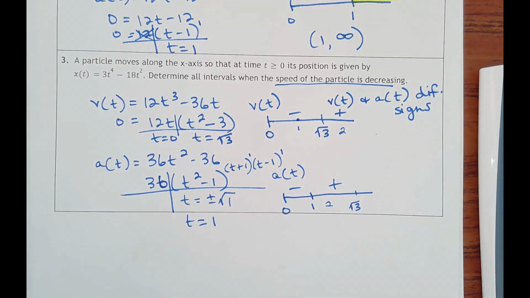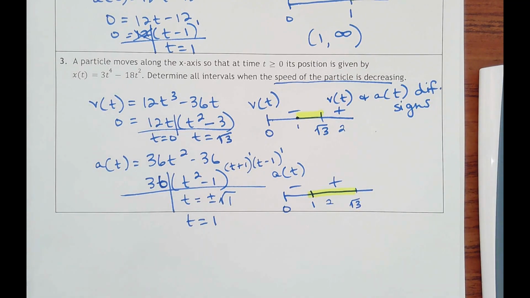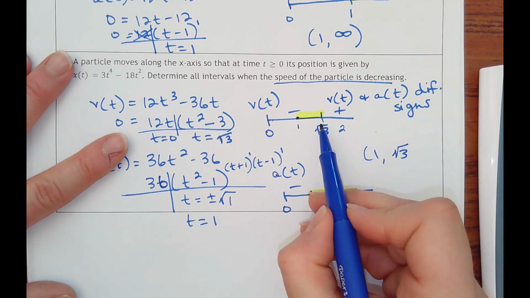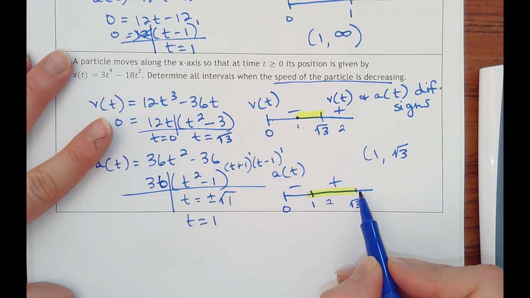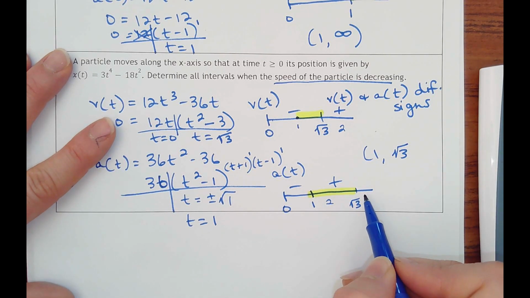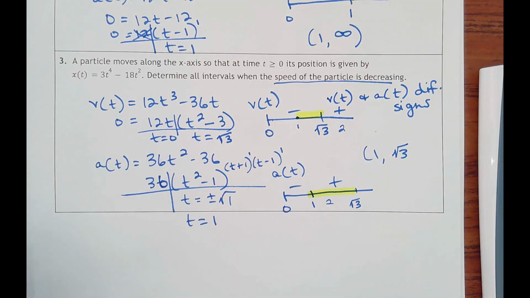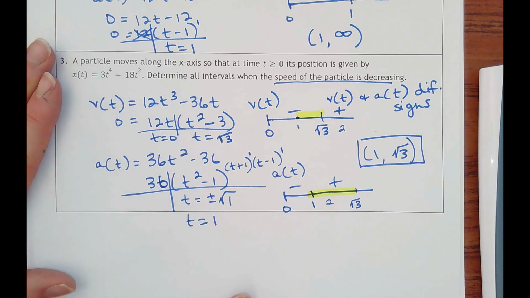Those are different signs. So 1 to square root of 3, and then square root of 3 to say 2 is positive velocity, and that would be positive acceleration. And so that has the same sign. So that's our only interval where we're decreasing in speed.